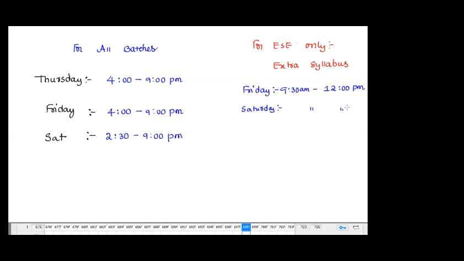So if I can push, I can push, but I have to keep the remaining people also in my mind. That is the reason why I was not taking from 2 to 9 for all the batches.